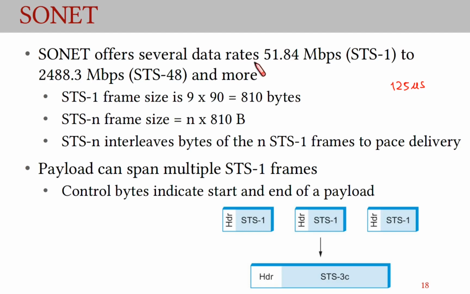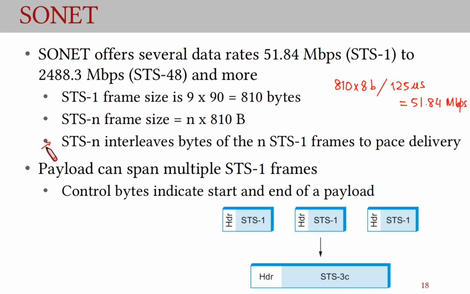And for STS-1, the data rate is 51.84 because we are sending 810 bytes, so 810 times 8 bits, all in 125 microseconds. After calculating this, you will get 51.84 Mbps.